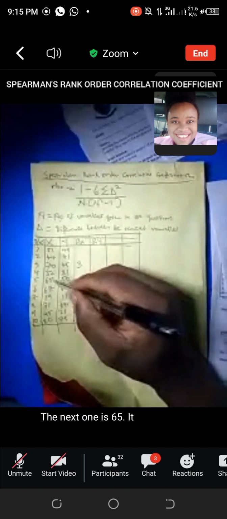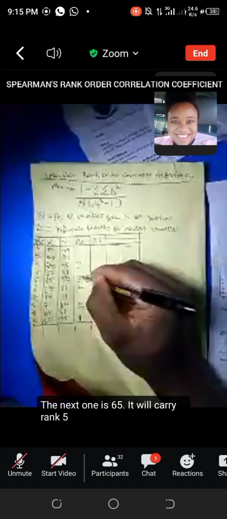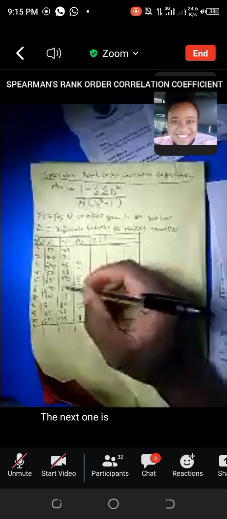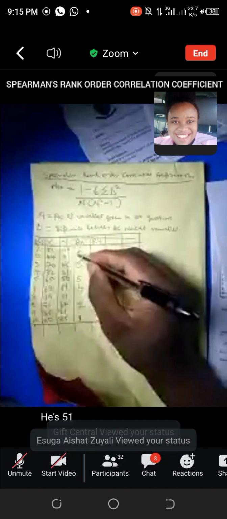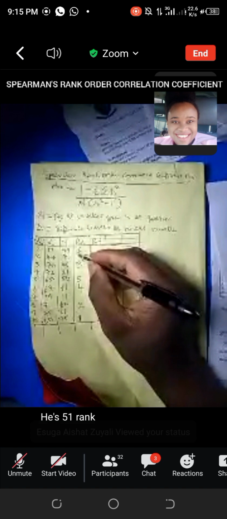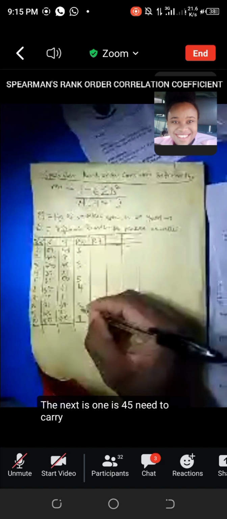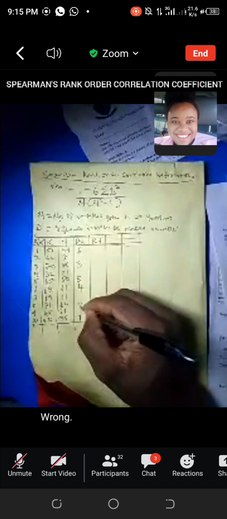It will carry rank 5. The next highest number is 51. It will carry rank 6. The next one after 51, the next highest one is 45. It will carry rank 7.